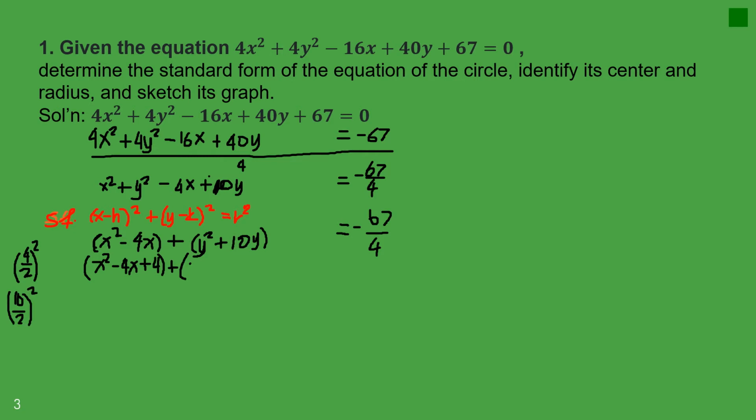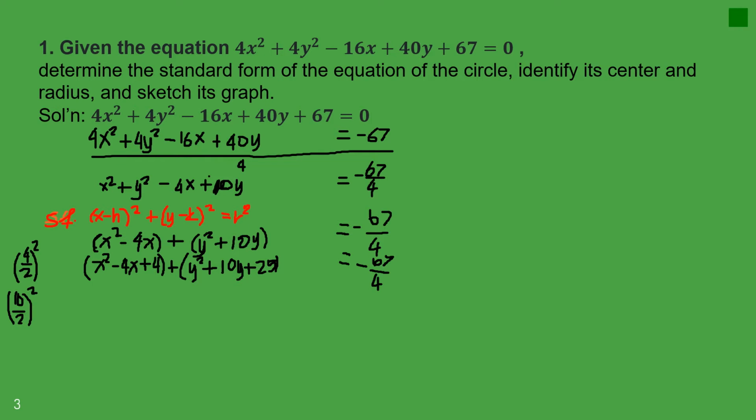So we add 25 to this side: y squared plus 10y plus 25. And this is equal to negative 67 over 4.